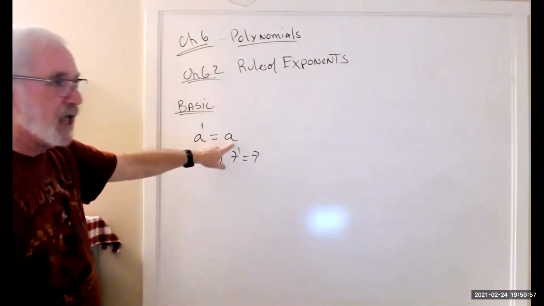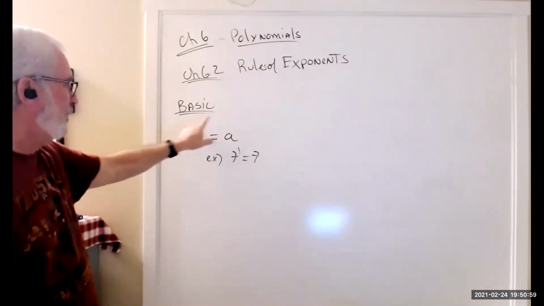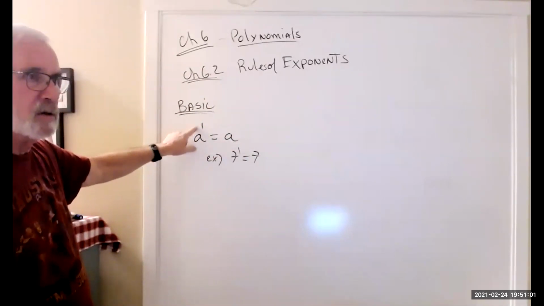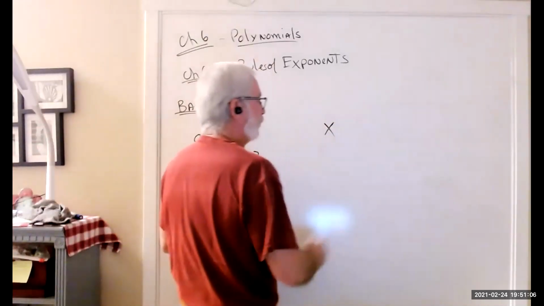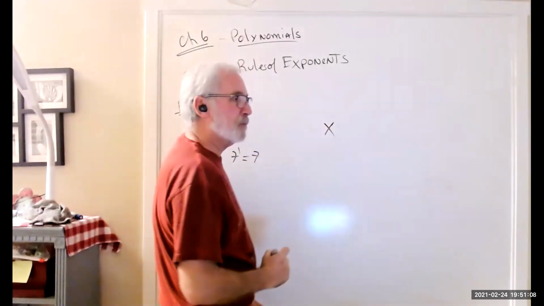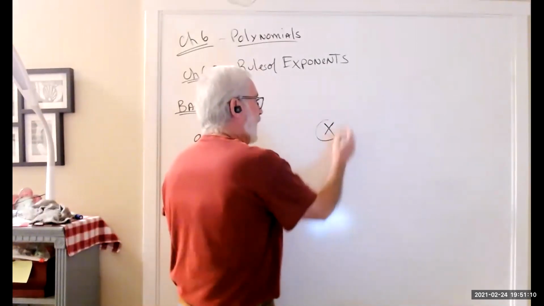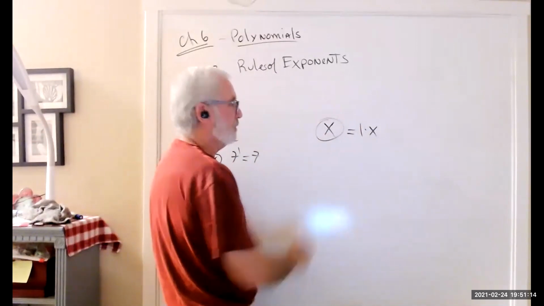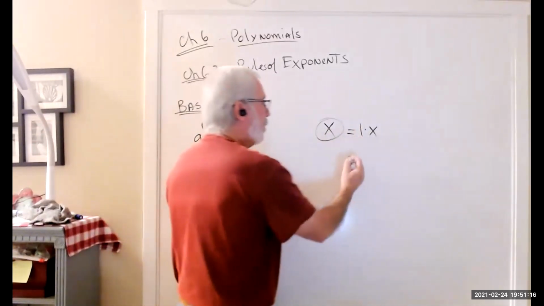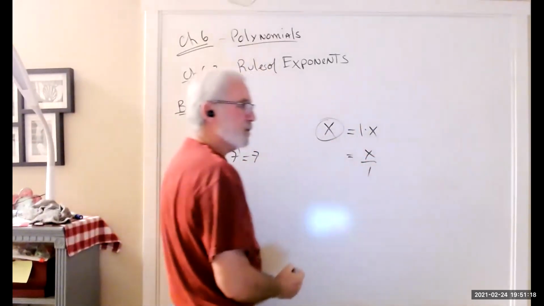If you have A, you could say, oh, there's an invisible 1 on top. Okay, recall when we write X, how many invisible numbers are there around X? Well, there's 1 times X. Remember, there's a 1 in front of it. Oh, there's also a 1 underneath it.